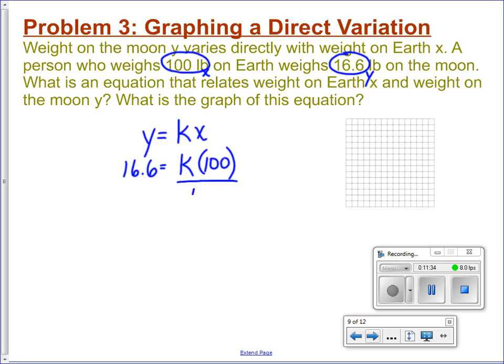Okay, dividing both sides by 100 so that we isolate the k. Our constant 16.6 divided by 100 moves the decimal point over a couple of places, so we have 0.166 for our constant.